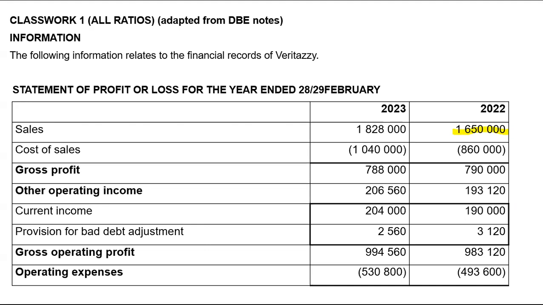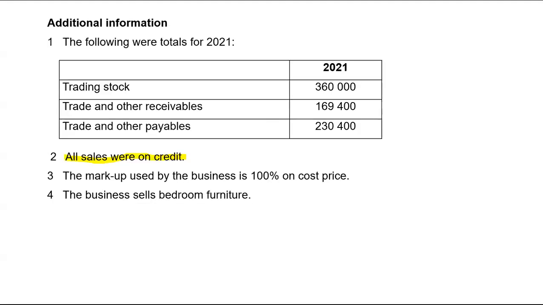And I need to find out how those costs, or basically the cost of stock sold, was financed. Was it financed by cash? In this case, point number three says that the markup used by the business is 100% on cost. The business sells bedroom furniture.